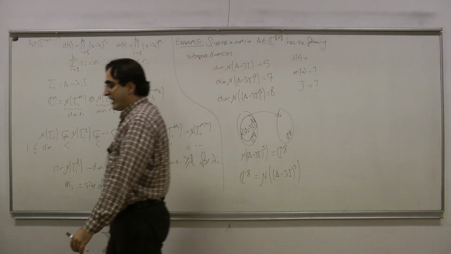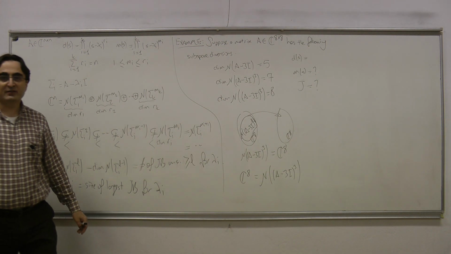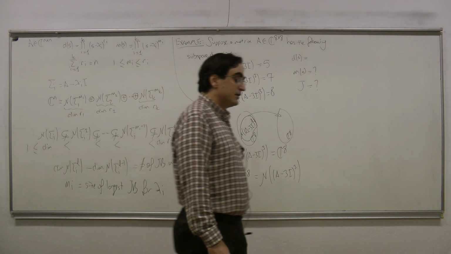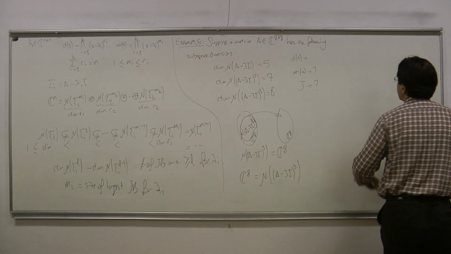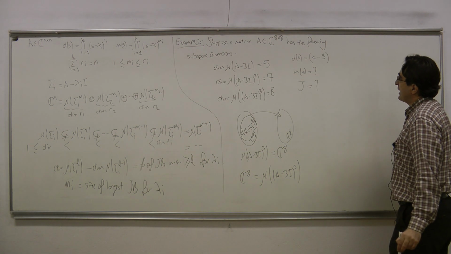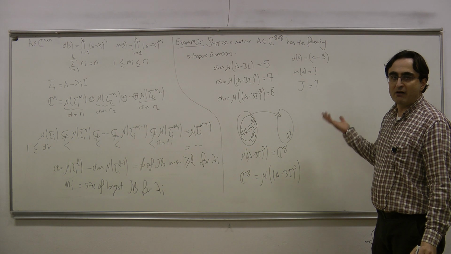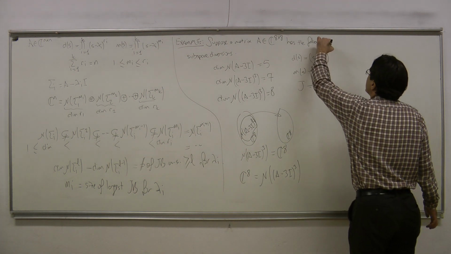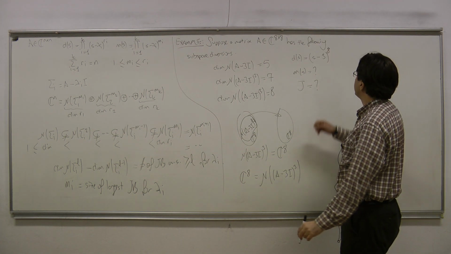So what can I say about the characteristic polynomial of this matrix? The matrix is 8 by 8, and I have discovered that it has only a single eigenvalue, which is equal to 3. As a result, its characteristic polynomial should be (s minus 3) to the power 8.